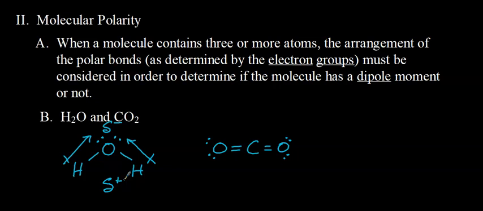So let's show the polarity of these 2 bonds. So the oxygens pull the shared electrons away from the carbon. We end up with a molecule that does not have opposite ends. So carbon dioxide has no dipole moment. This is a nonpolar molecule.